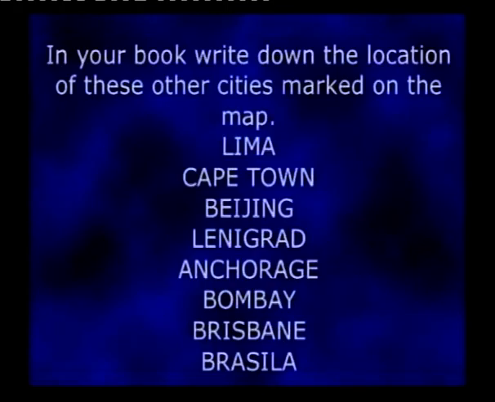Okay, quickly, can you get this activity done here? All those places there, you're going to locate the places, but some of those places have already been located for you. So quickly, get these cities down: Lima, Cape Town, Beijing, Leningrad, Anchorage, Bombay, Brisbane, and Brasilia.